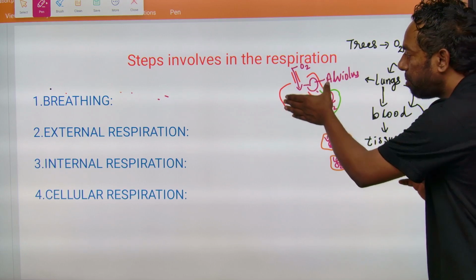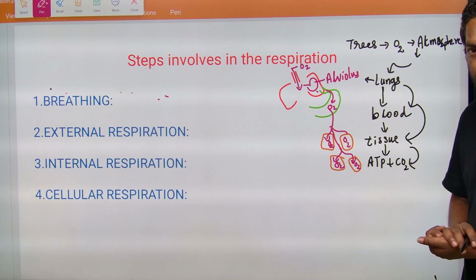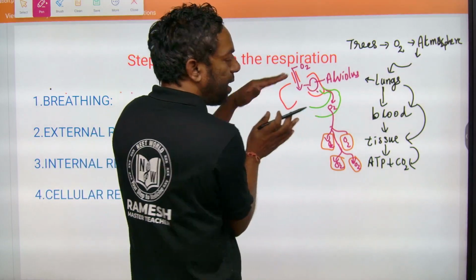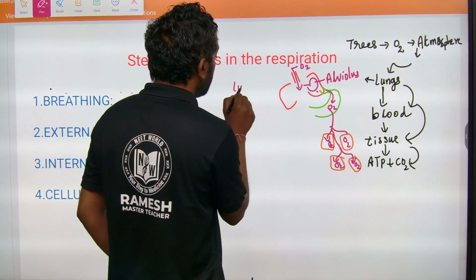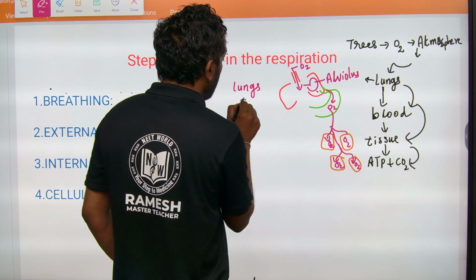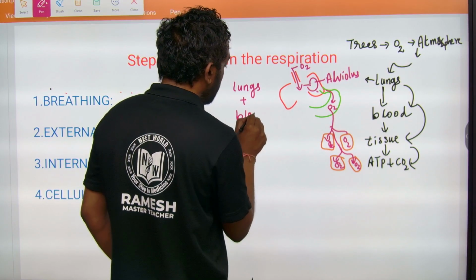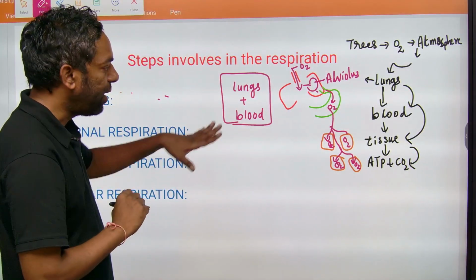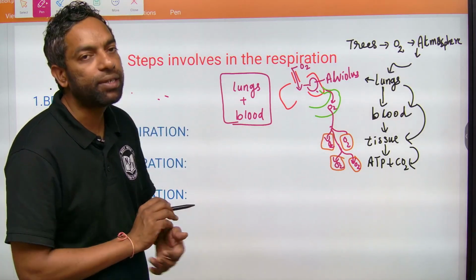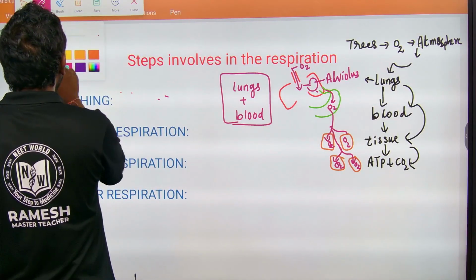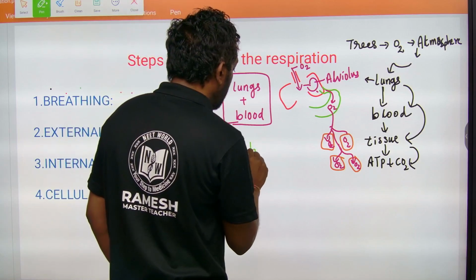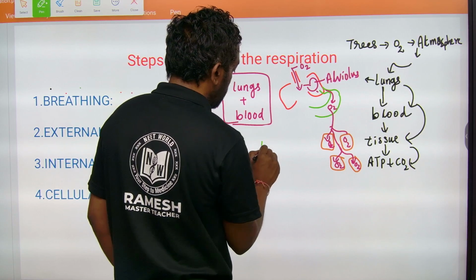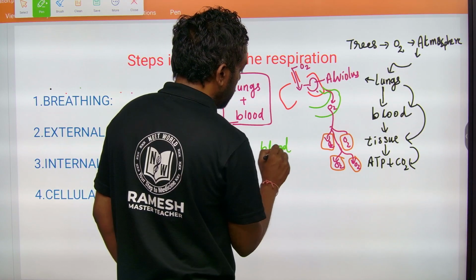How many mediums does the oxygen pass through here? First, the exchange between the lungs, meaning the alveolus, plus blood. This is the first exchange. After that, from the blood it reaches the tissue, right? So the next step is between the blood plus tissue.